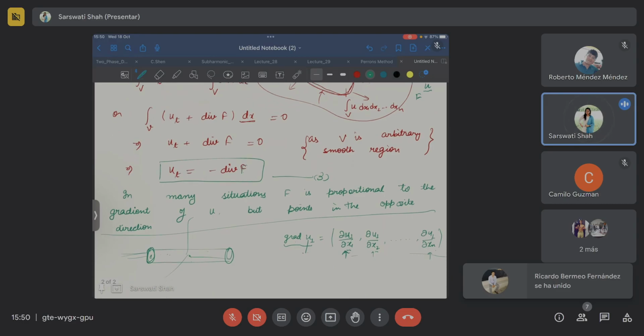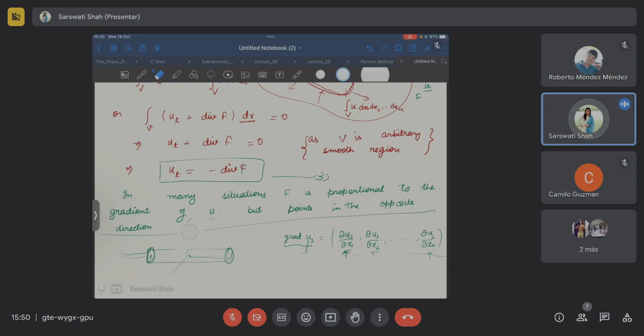So if we are in n dimensions, it is going to show changes in all the n dimensions, isn't it? That's why f is proportional to the gradient of u. Is it clear, or shall I explain it again? Is this point clear, how I am writing this? The flux f is proportional to the gradient of u.